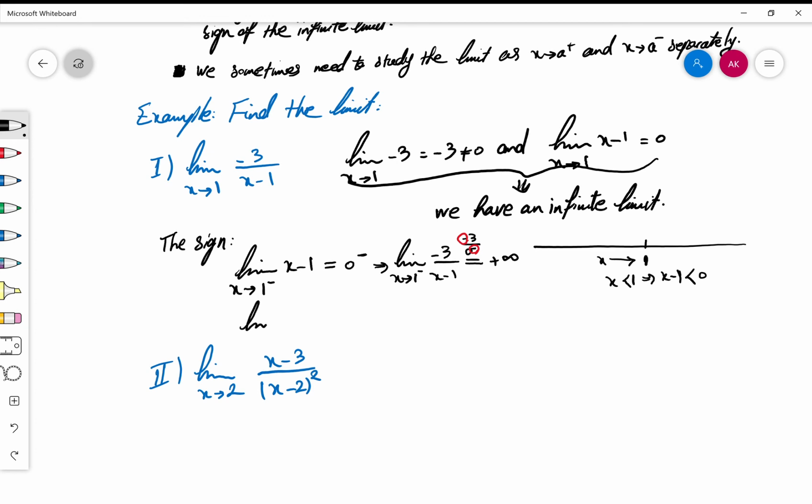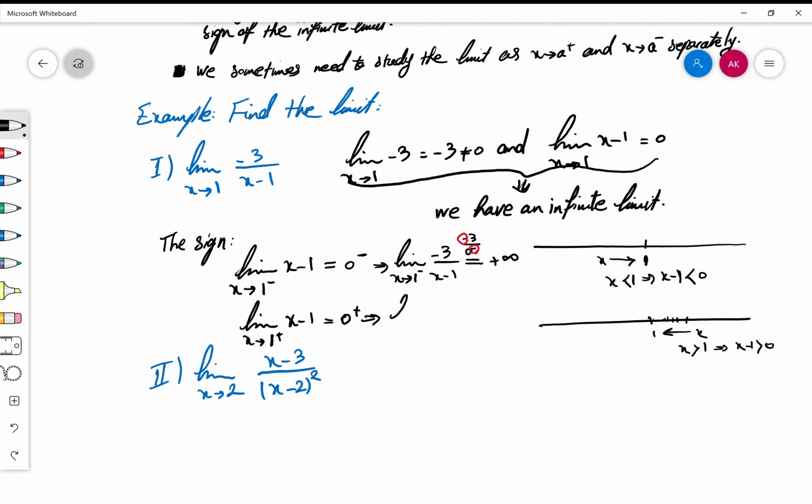How about the limit of x minus 1 as x goes to 1 plus? Well, we are getting closer to 1 from the right. x is always a number bigger than 1, and that means that x minus 1 is always a positive number. So x minus 1 will approach 0 when x goes to 1 plus, but it will approach from the positive side.